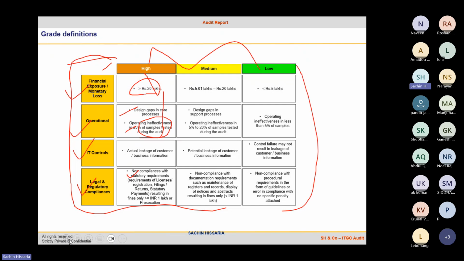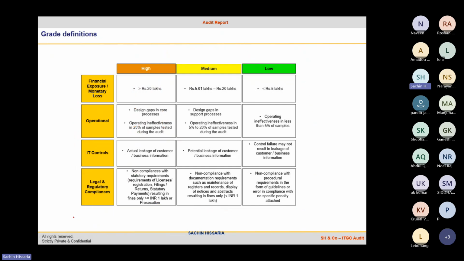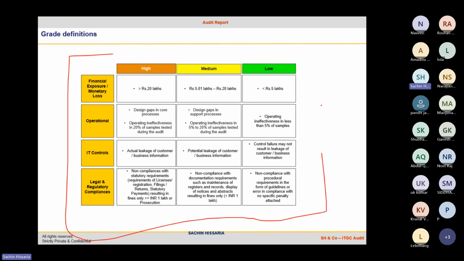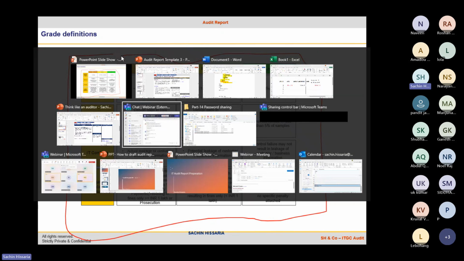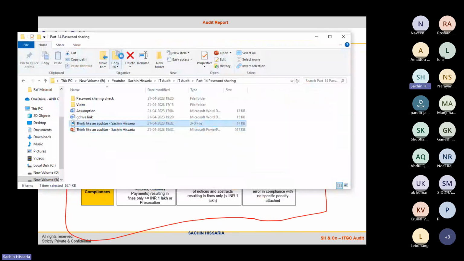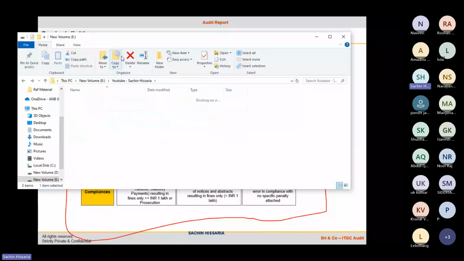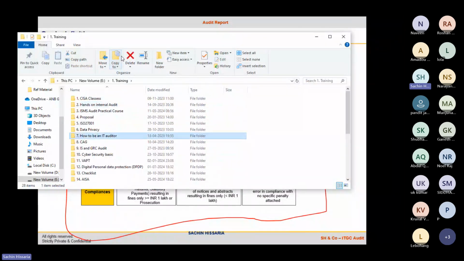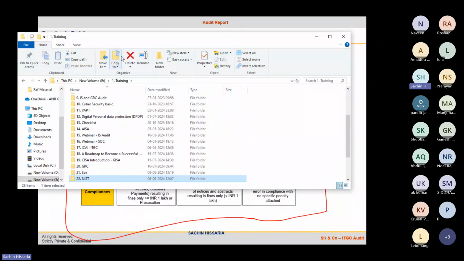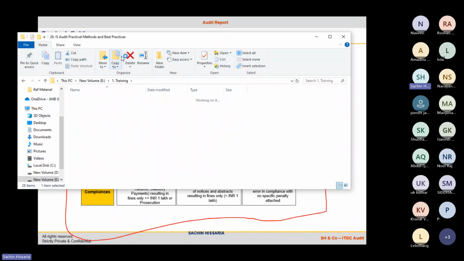Now, every auditor has their own risk rating matrix. I am not saying that this is a universal risk rating matrix, this is just one example. I can show you a couple more examples as well. For example, let me show you another risk rating matrix, which is, I would say, very auditor friendly. Let me just show you that as well.